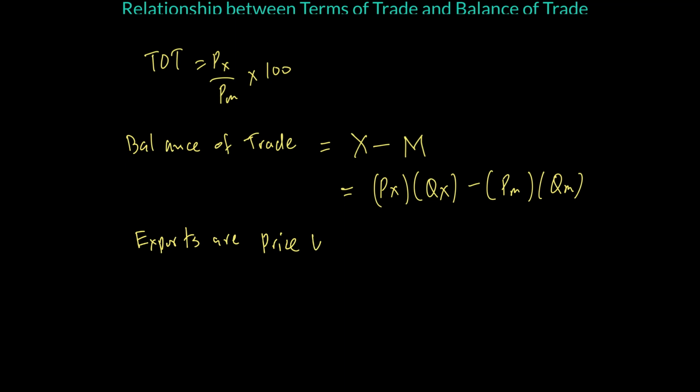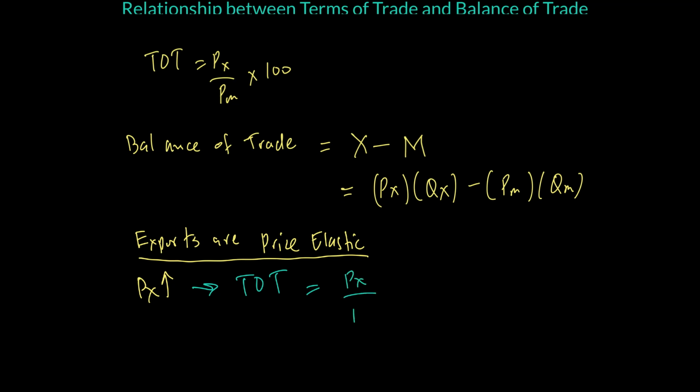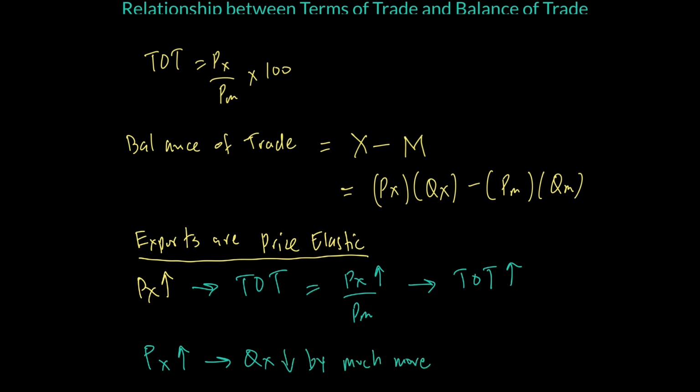price elastic? In the case of exports being price elastic, let's say if export prices are going up, terms of trade, which is simply px over pm, will improve. But if exports are becoming expensive, the quantity of exports will fall by much more. Why? Because the goods are elastic.